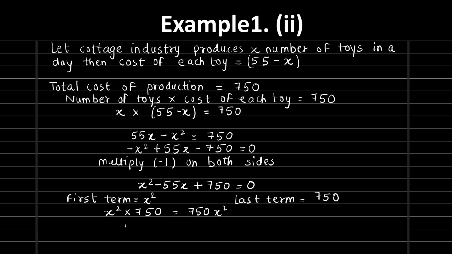What is the middle term? Middle term is equal to minus 55X. So again our procedure will be the same. We will try to find out two terms such that their product is equal to the product of the first term and the last term, which is 750 x square, and the addition of those two terms should give us the middle term, that is here minus 55x.